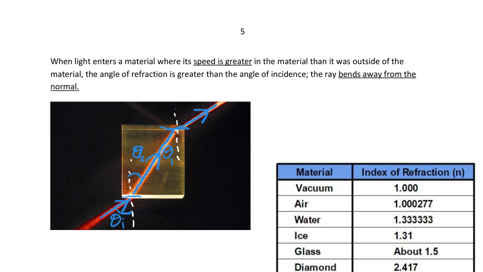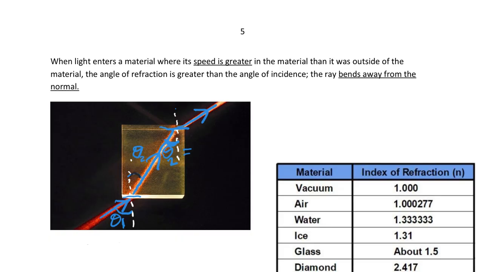That's the angle 1 for this boundary. I'm just going to call it angle 2 because these two angles are the same, right? Alternate interior angles.